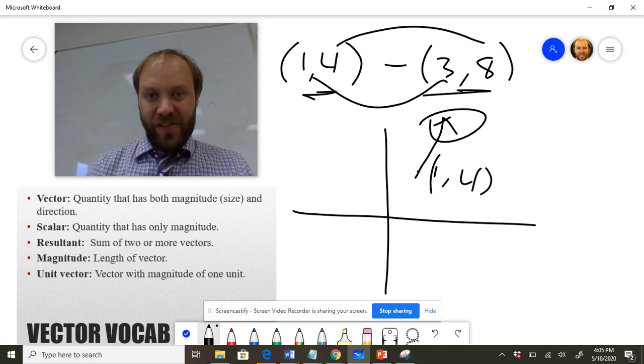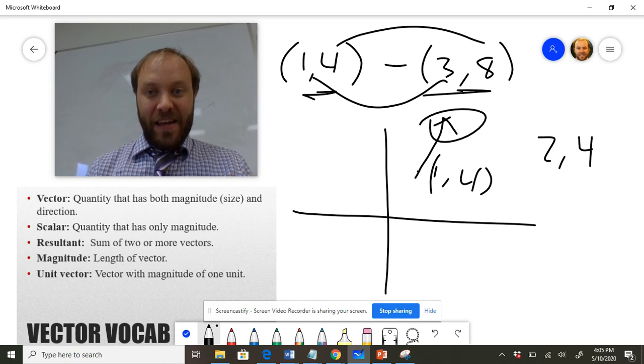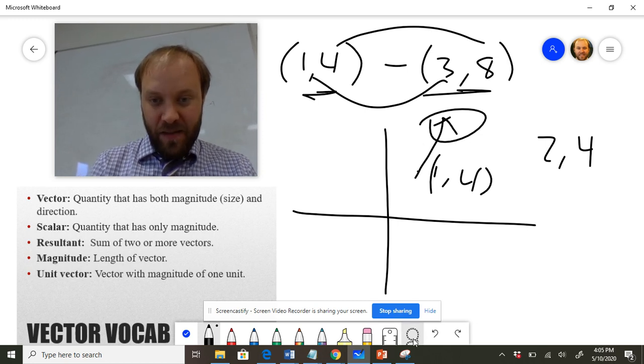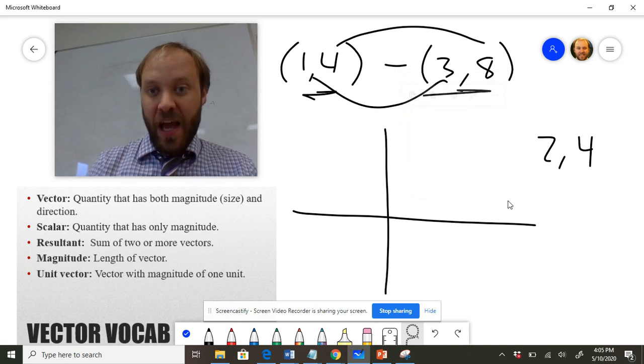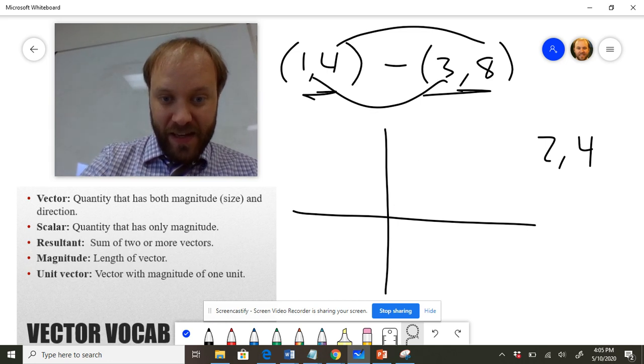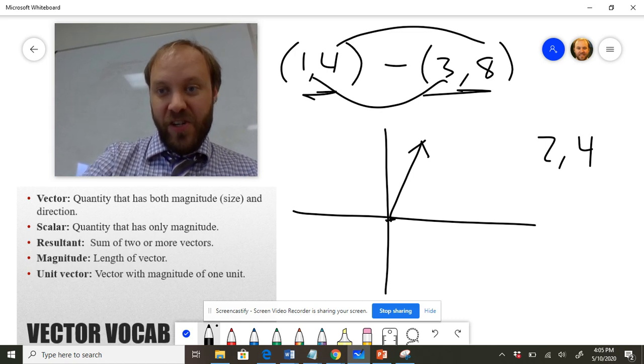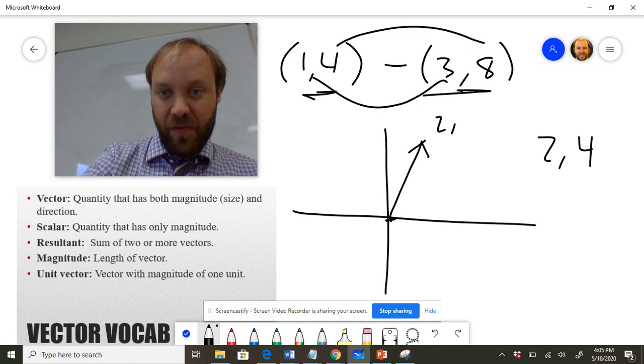So 3 minus 1 is 2, 8 minus 4 is 4. And the new vector, starting out at the origin instead, shown in standard position, would end up going out to the point 2, 4. And so I could draw that looking something kind of like this. Again, that's supposed to be at the origin there, going out to the point 2, 4.